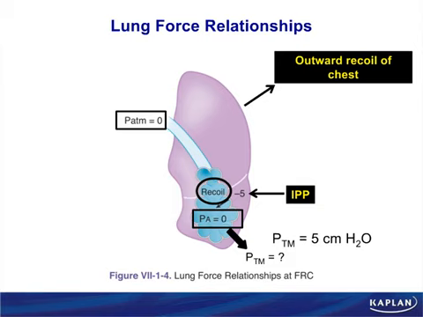So that's our positive transmural pressure gradient at rest, and it is positive. It is pushing the alveoli out, preventing their collapse because interpleural pressure is subatmospheric or negative. So those are our basic forces at rest, in other words, at FRC.